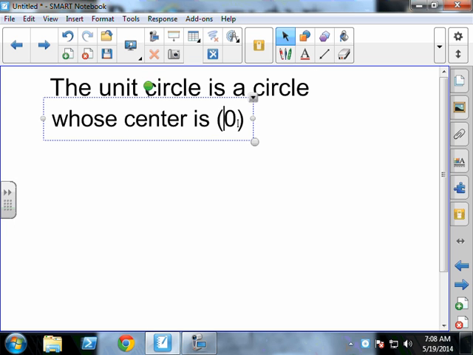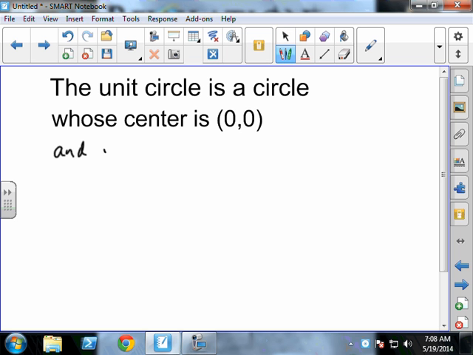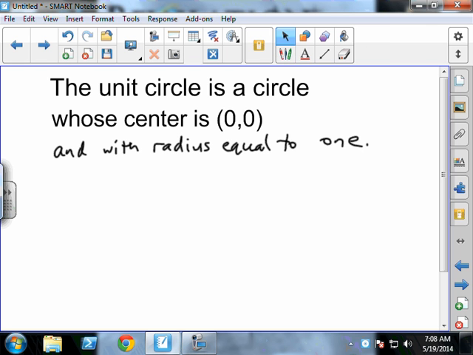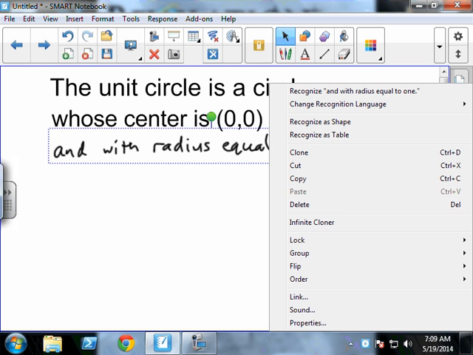And the reason it's called the unit circle is because of its radius, with radius equal to 1, hence the name, the unit circle.